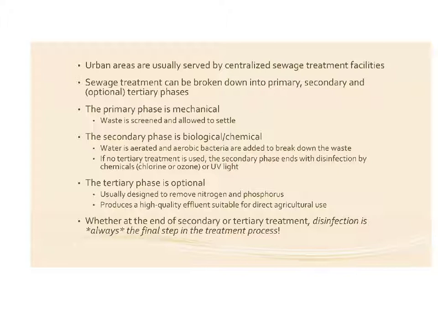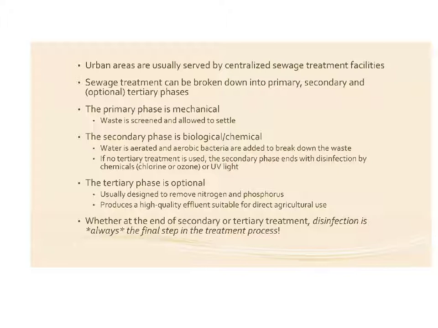The second phase is biological and chemical. Once the water has been screened and allowed to settle, the water is siphoned off, and that water, which is still pretty contaminated, is aerated with a pump, and aerobic bacteria are added to help break down the waste.